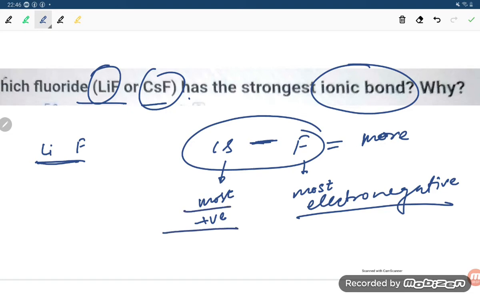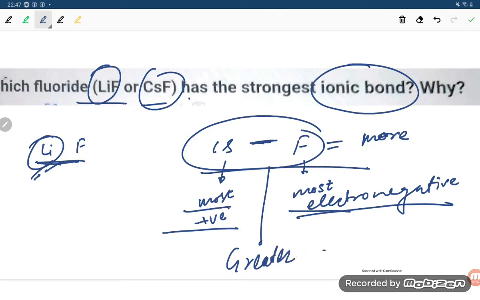But lithium is not the most electropositive, so the difference is less. So CsF is the greater ionic, or you can say a strong ionic bond.